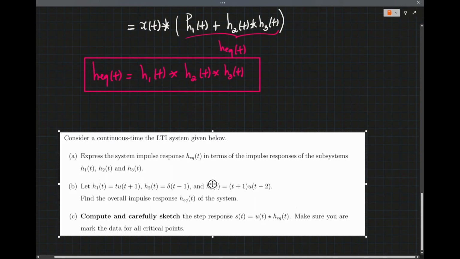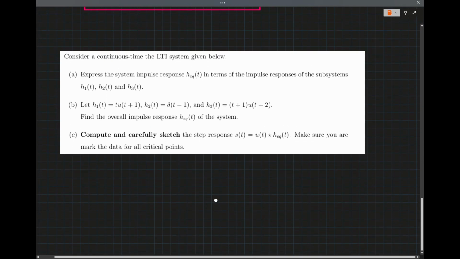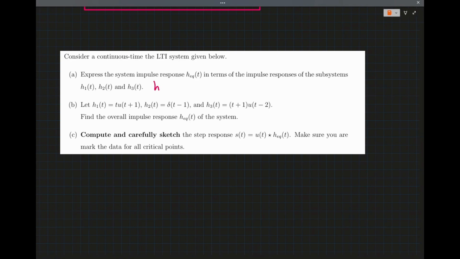So we found the first question, which is h equivalent of t is h1 of t plus h2 of t convolved with h3 of t.